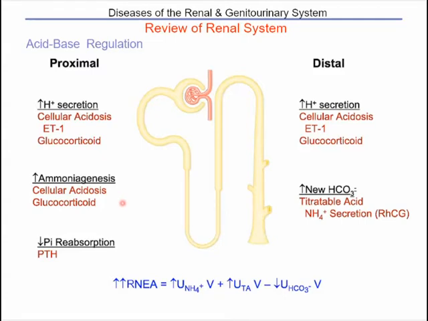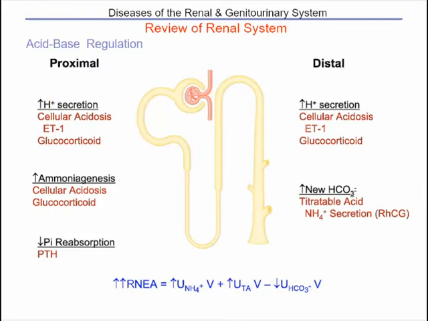So hydrogen and bicarbonate transport are increased along the nephron. This results from a decrease in the intracellular pH as well as the effects of AT1 and cortisol. Both AT1 and cortisol have the same effect as a decrease in intracellular pH, which means there is an increase in hydrogen ion concentration.